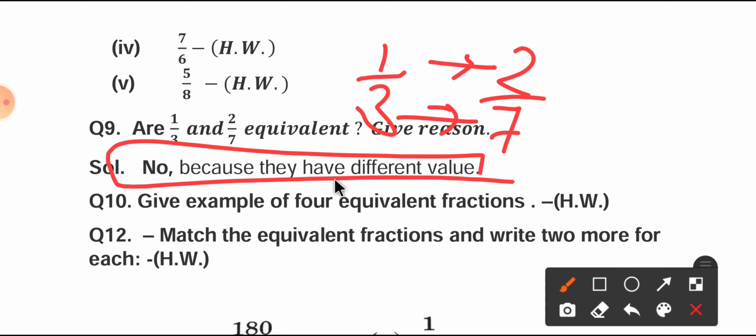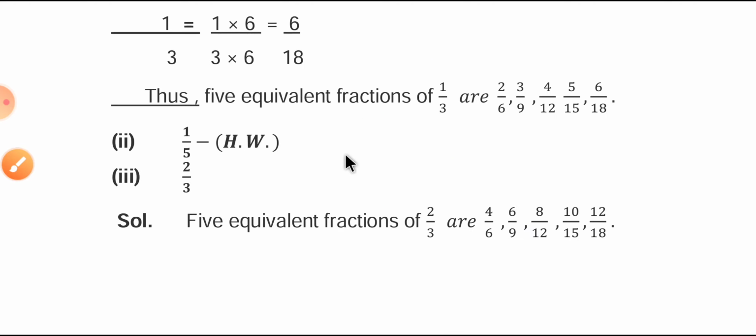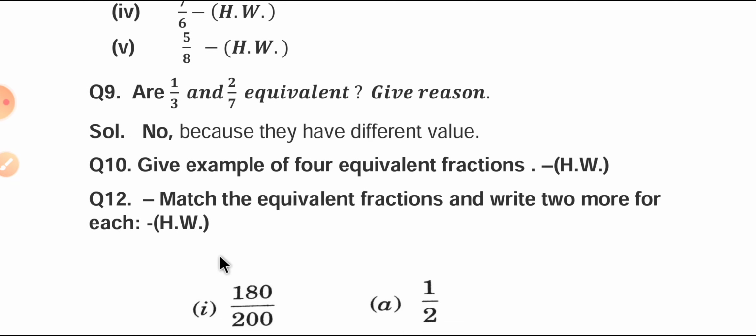Then question number 10, give examples of 4 equivalent fractions. Like this, in this question what you have done, 2 by 3. So the equivalent fractions of 2 by 3 are 4 by 6, 6 by 9. Like this, in this question also you have to take one fraction and write 4 equivalent fractions of that one.